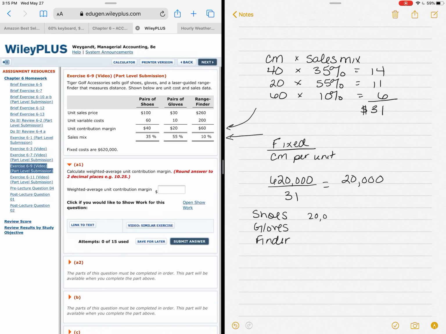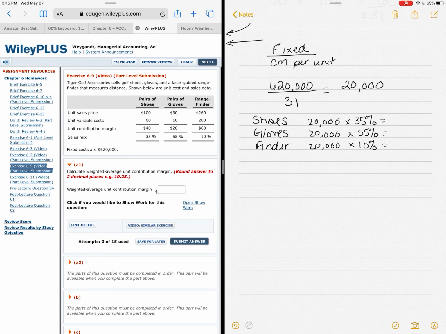I need to sell 20,000 units to break even, so I'm going to multiply that 20,000 by each sales mix, which means to get to that break-even point, I need to sell 7,000 pairs of shoes, 11,000 pairs of gloves, and 2,000 of those range finders.